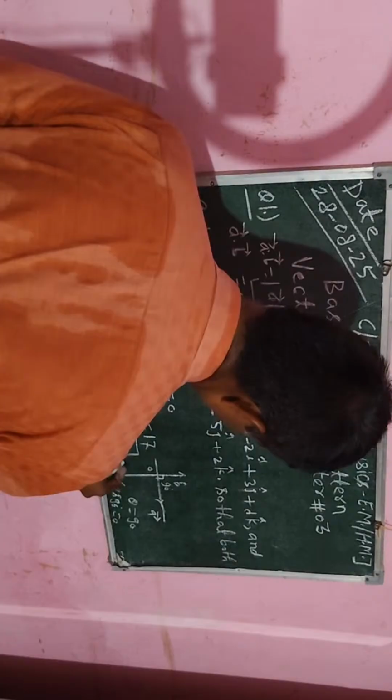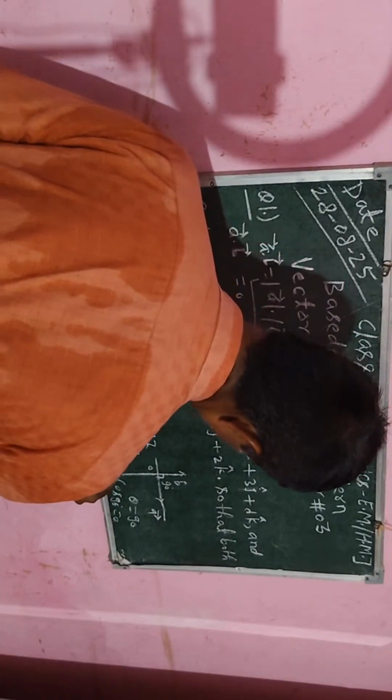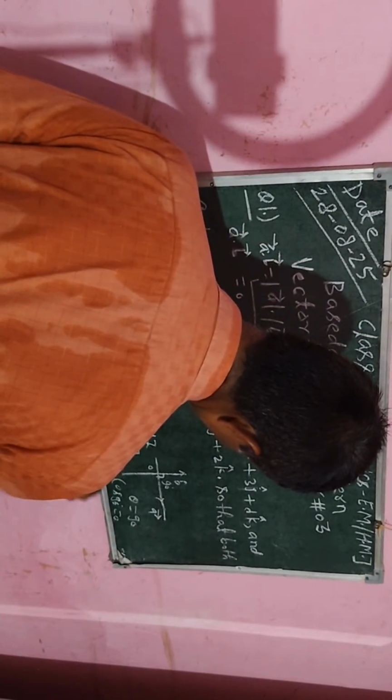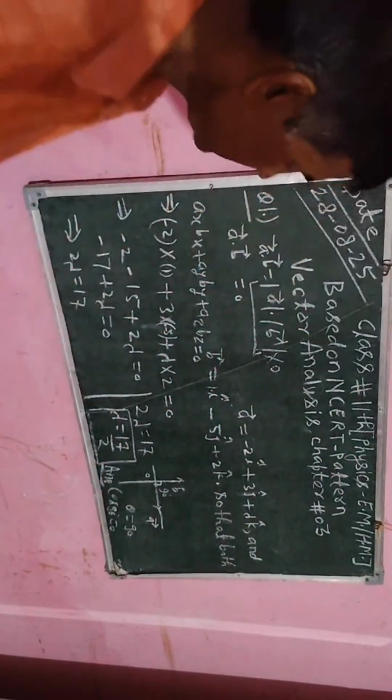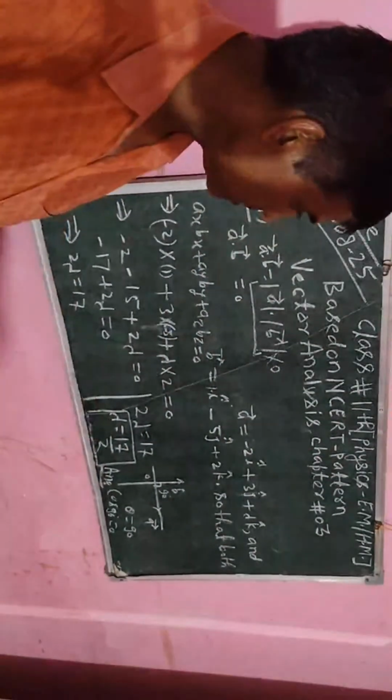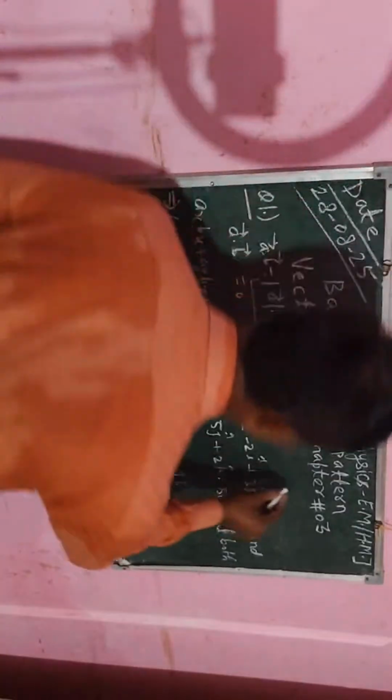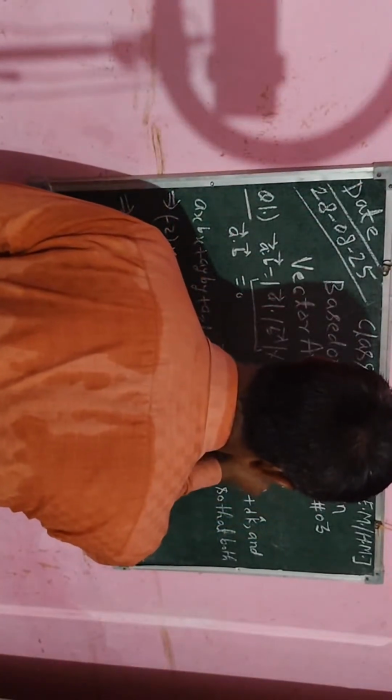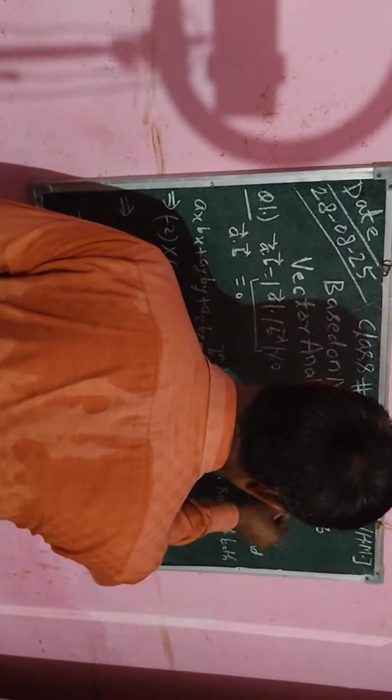Okay student, if vector a and vector b both are perpendicular to each other, then this is the required value of lambda, because I know lambda exists from minus infinity to plus infinity. Infinity and minus infinity are excluded. I can also write this as lambda in the bracket from minus infinity to plus infinity.